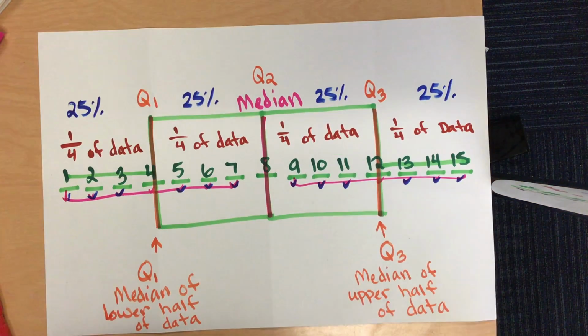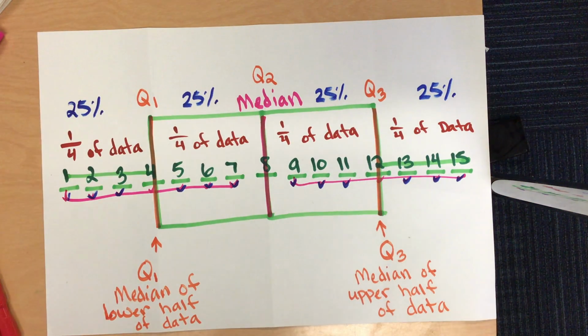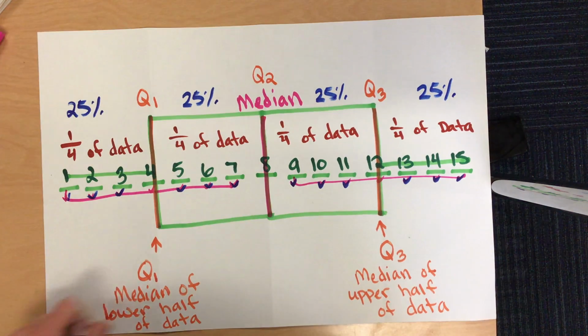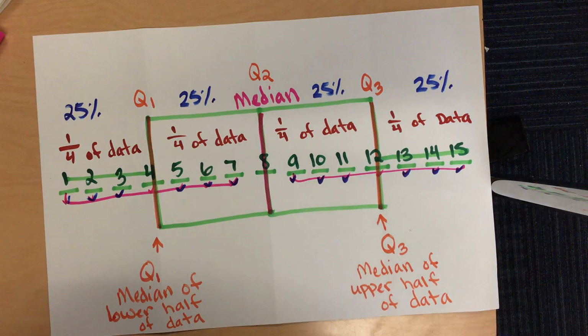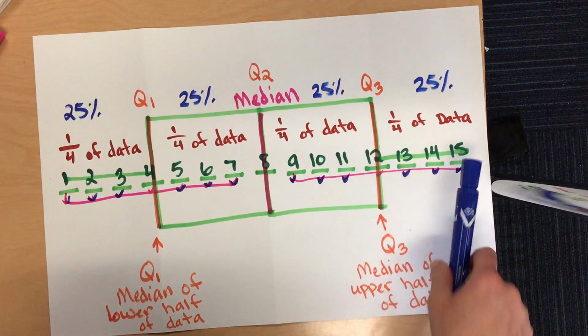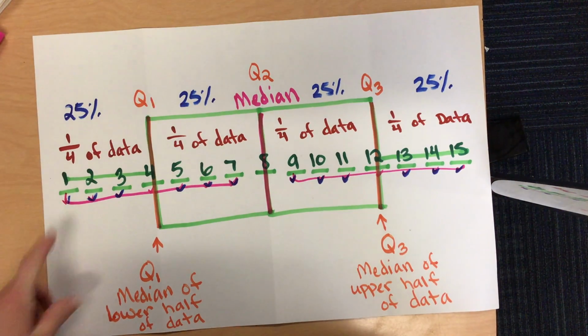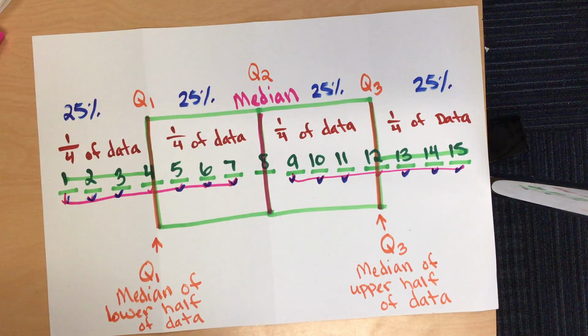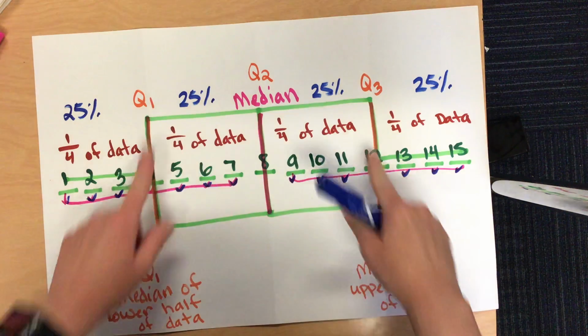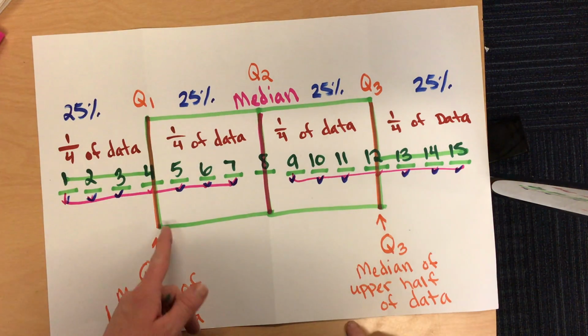Well, I could say that 25% of my students ate between 4 to 8 bags of Takis, or 25% of my students ate from 12 to 15 bags of Takis, or they ate from 1 to 4 bags of Takis. We can take the data shown and tie it with percentages or fractions to figure out where the greatest amount of our data is. Where's 50% of our data here? Well, 50% would be from 4 to 12. So 50% of my students ate between 4 and 12 bags of Takis.